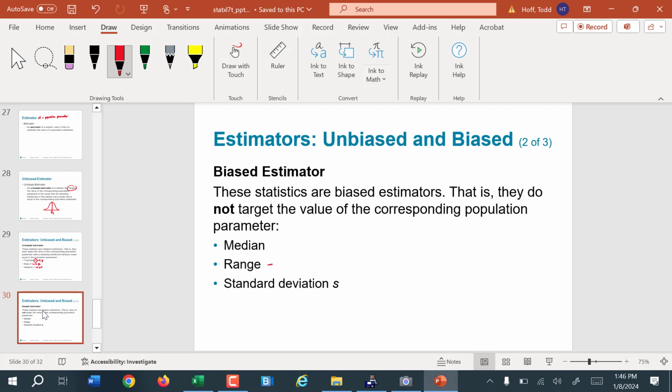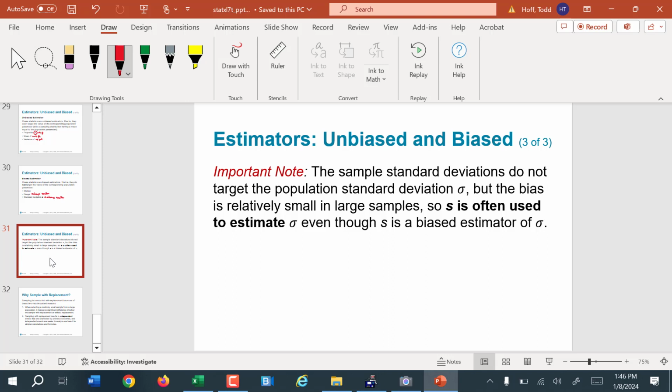The range is always smaller. And the standard deviation is always smaller. So we can't use those for estimating population parameters at all.